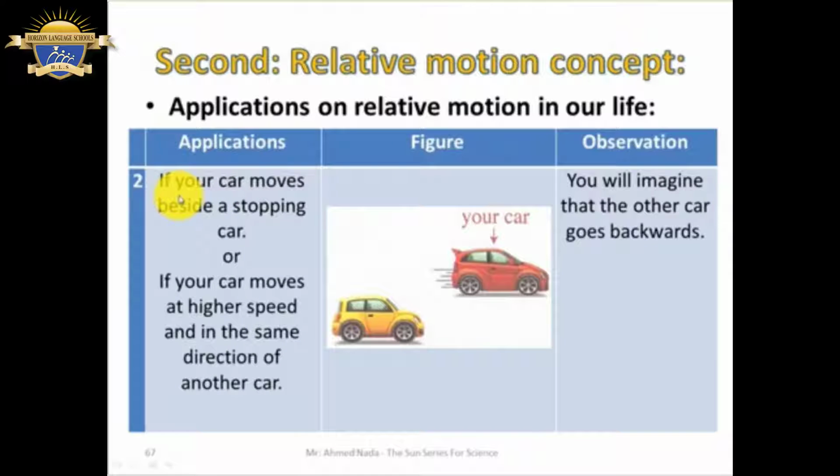Application number 2. Your car, the red car, is moving beside a stopping car, which is the yellow car. If your car moves at higher speed and in the same direction as the other car, what is the observation?